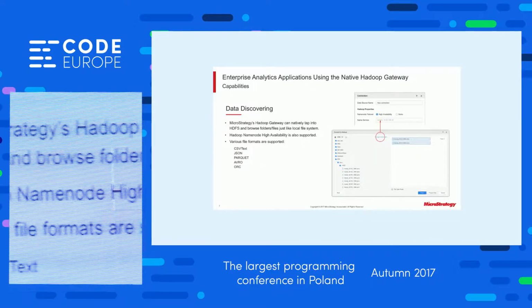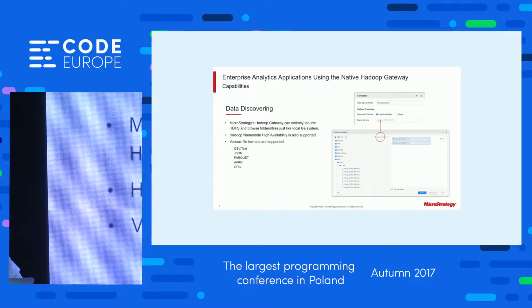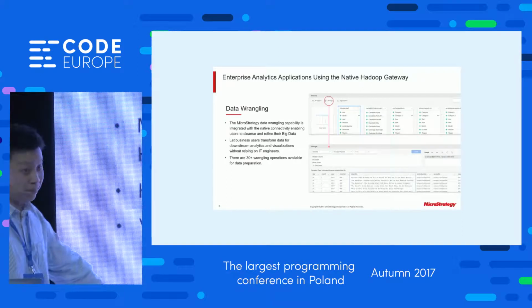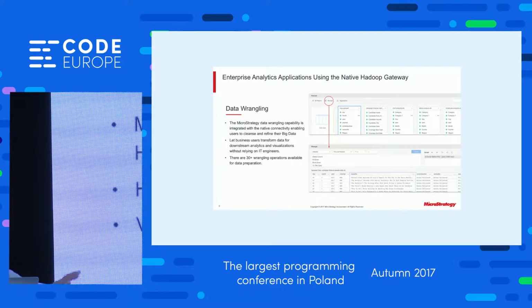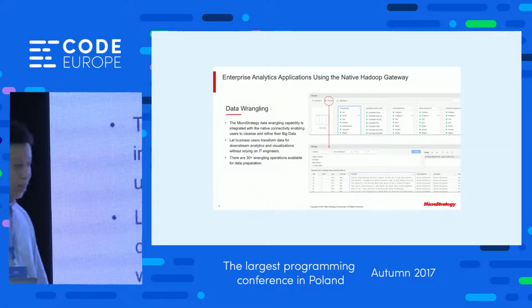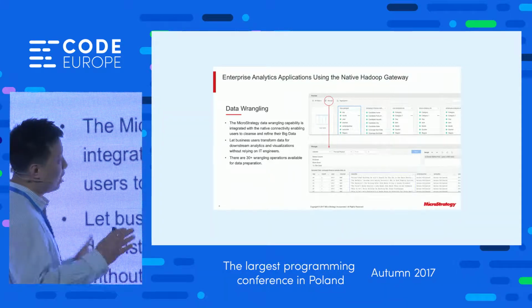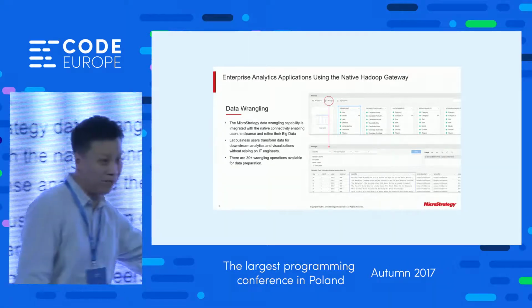Our Hadoop Gateway is also able to support different kinds of formats. Normally it's text files, JSON files, and also some typical big data file formats like Parquet, AVRO files, and ORC files. Right after you pick up the files or preview the data, you will see that we have the data wrangling function here.